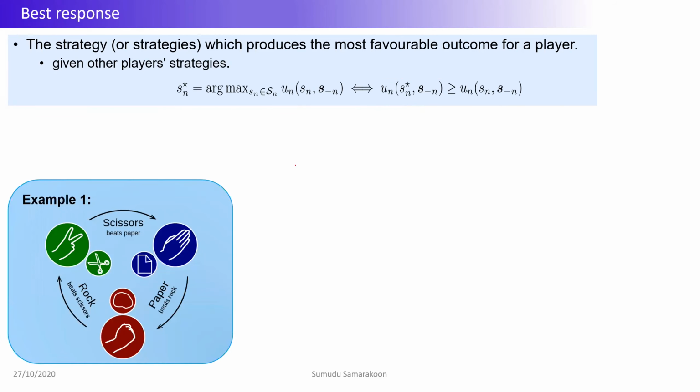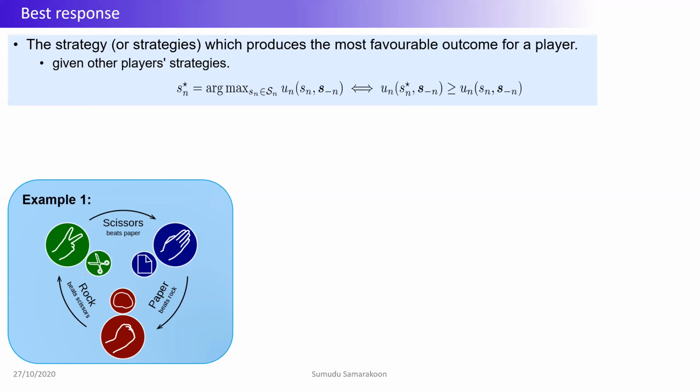So now let's consider a simple example, the rock, scissors, paper game. The concept behind this game is players have to pick one out of these three options, and they are competing with another player.